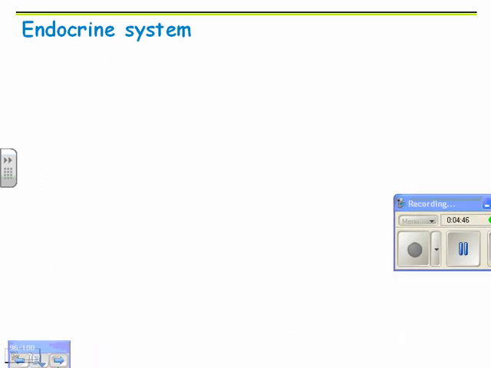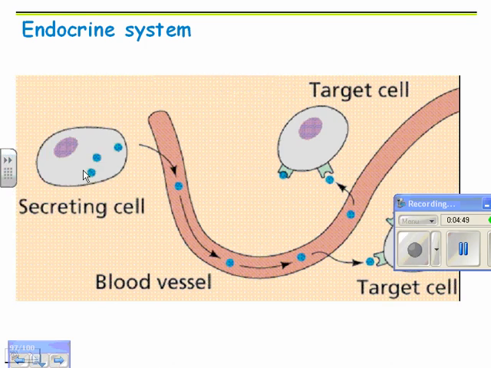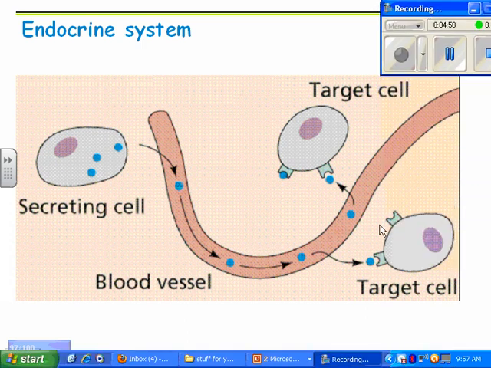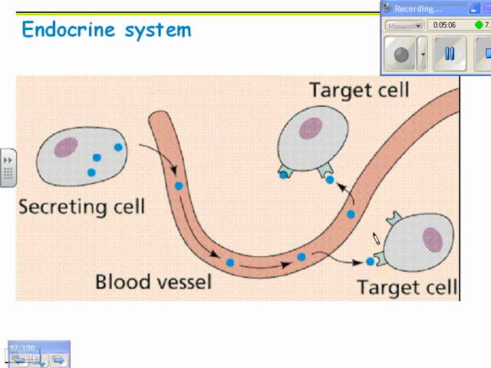Here's an example. Here's a secreting cell, and let's say maybe this is the pancreas, and these dots are the insulin that they're releasing. The insulin comes out, and these are the target cells. Maybe this one is a muscle cell, and the muscle cell needs the insulin in order to take sugar in. Once these have connected, then the sugar comes in.